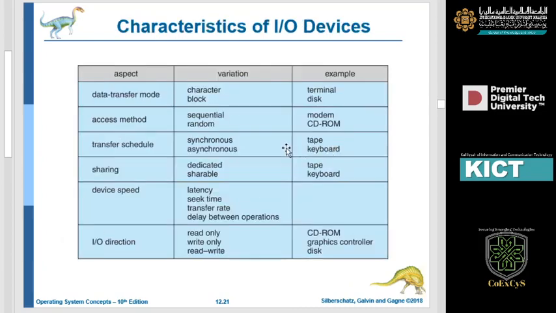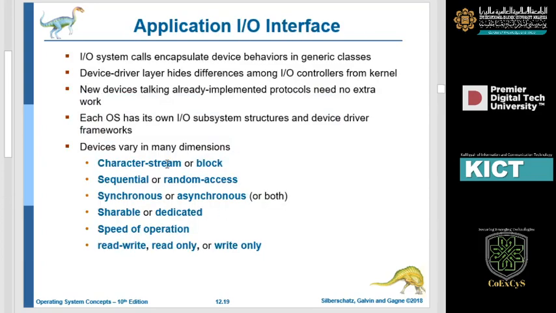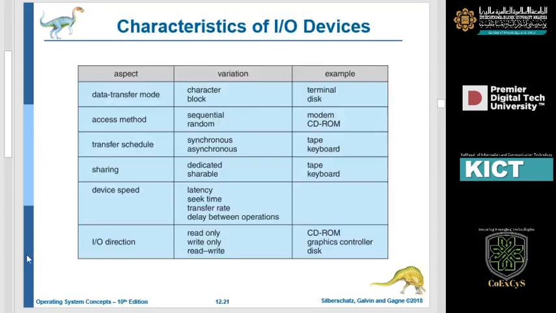Some of the aspects, we can look at the variation of those devices and examples of the hardware that we're talking about. In data transfer mode, we have a character or block type of device dimension, and we're talking about the disk.